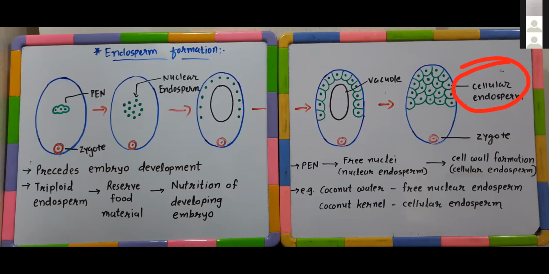It is the one involved in the endosperm formation. This is that primary endosperm cell, after the degeneration of other cells. Here you have a zygote, and the upper one is the primary endosperm cell, and then its nucleus, primary endosperm nucleus.